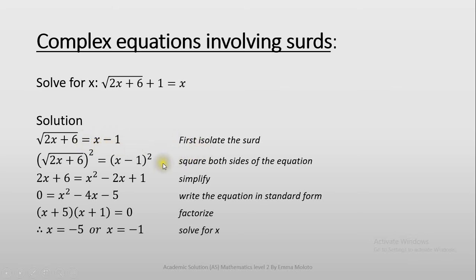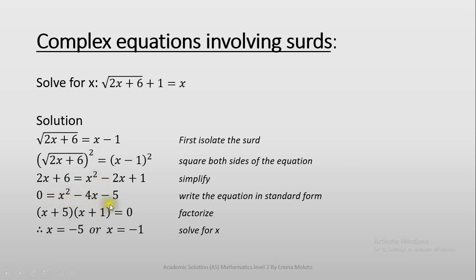And then step 2, square both sides of the equation. We square both sides of the equation so that we can get rid of the square root. So that's why we ended up having 2x plus 6 equal to this. You split this because of the square that's there, and then multiply the brackets, then you'll end up having this.